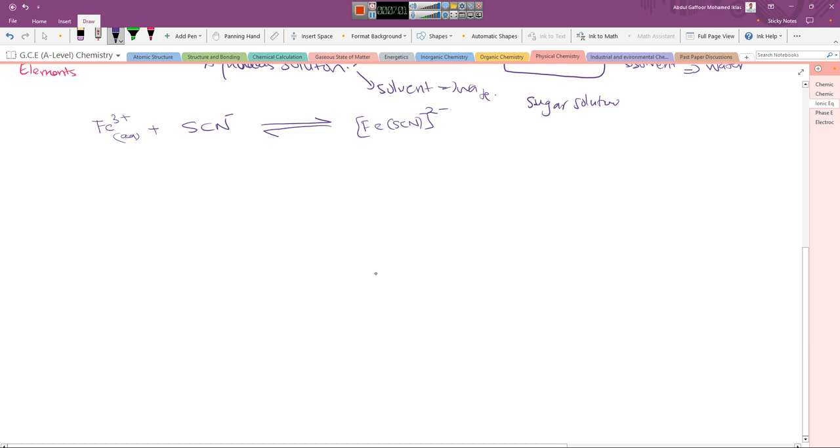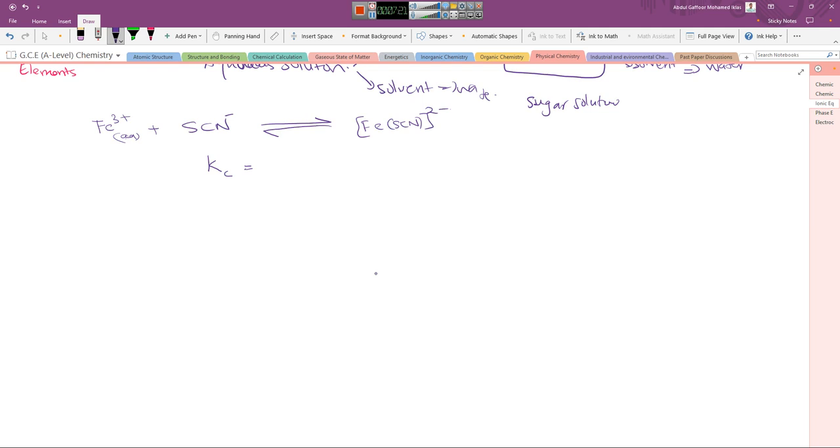So if you try to write the equilibrium constant for this reaction, it will appear like this, right? We can call it Kc, and since the equation is already balanced, we don't need to bother about the coefficients because they are all 1.